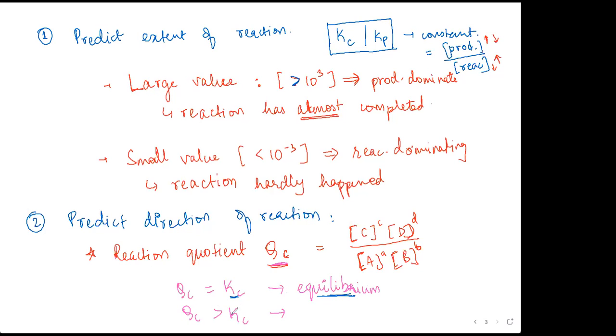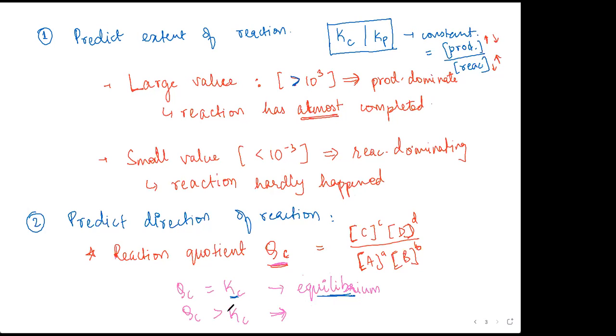If QC is greater than Kc, what does it mean? Will it move in the backward direction? Correct. And why do you think so? How did you come to that conclusion? I mean, random guessing. Sorry. Okay, it had to be one of the two, right?